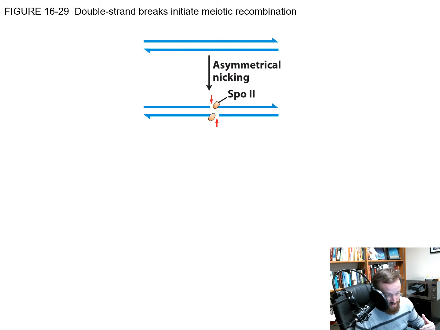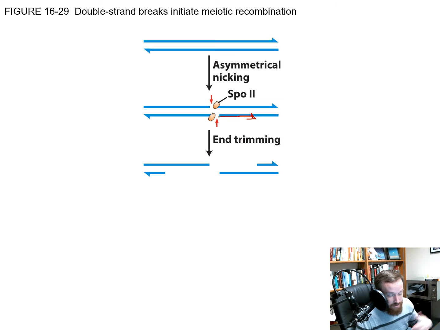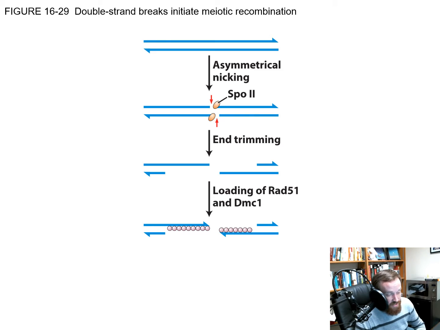So we have this nicking of the DNA with SPO2, and this leads to the trimming of these double-stranded ends because we want to get those overhangs that can invade the complementary strand on the other chromosome. And here, this part is really interesting, and there's not much known about it yet.